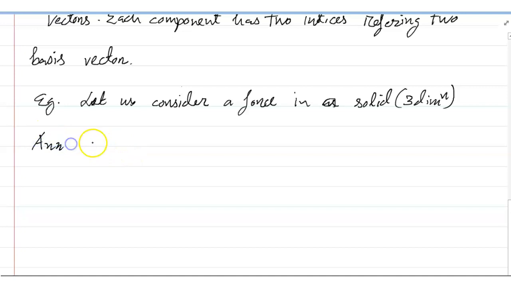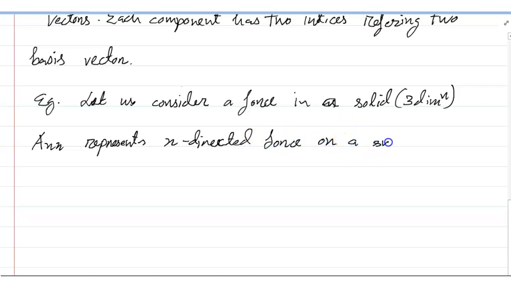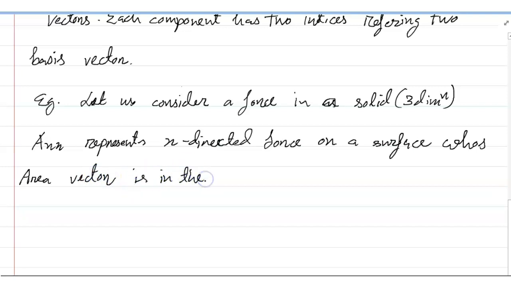Axx represents x directed force on a surface whose area vector is in the x direction.